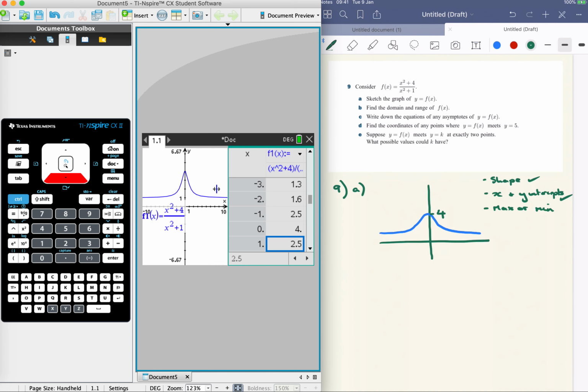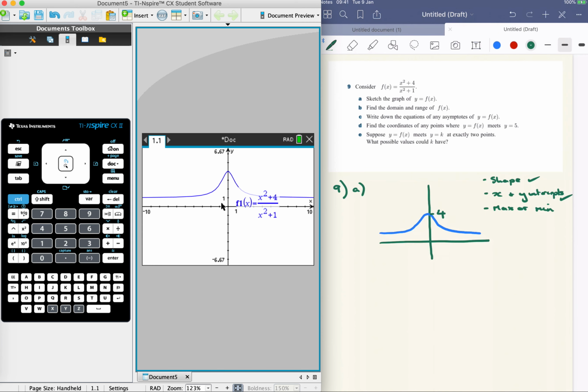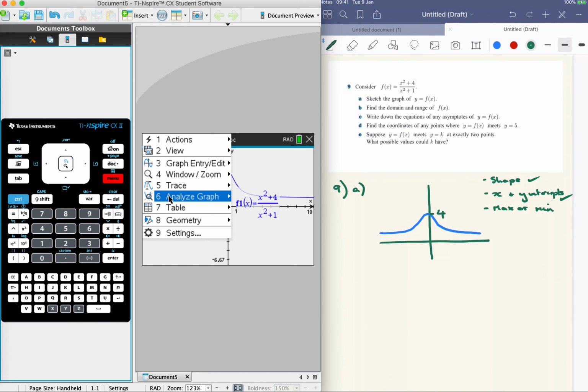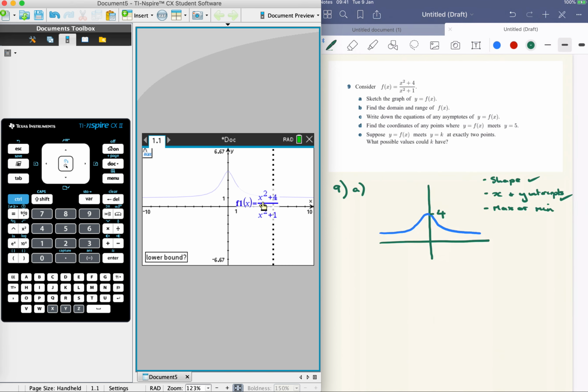And just to check what that might be, it looks like we've done it already, but let's just Control and Tab. It looks like we've got a maximum point. So let's analyze this graph, check what that maximum point is, and it is at 0,4, the point that we've already labelled. So we've actually already done the maximum or minimum as well.